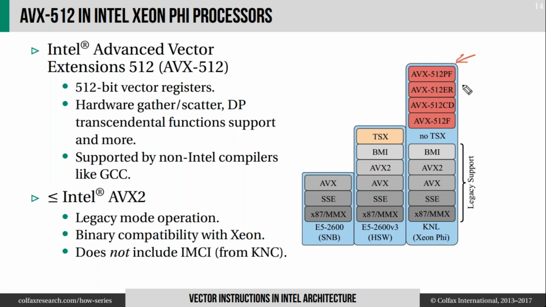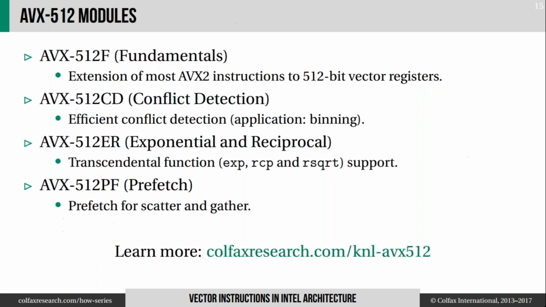Furthermore, AVX 512 is partitioned into 4 modules in the case of Xeon Phi: prefetch, exponential and reciprocal, conflict detection, and fundamentals, with the idea that some of these modules will be reused in future Xeon processors. So some code built for Knights Landing is going to be reusable on future Xeons and vice versa.